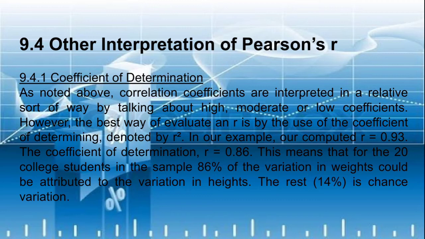So our coefficient of determination is equal to 0.86. This means that for the 20 college students in the sample, 86% of the variation in weights could be attributed to the variation in heights. The rest, 14%, is chance variation. Then always remember, the coefficient of determination is always positive, even when the correlation is negative.